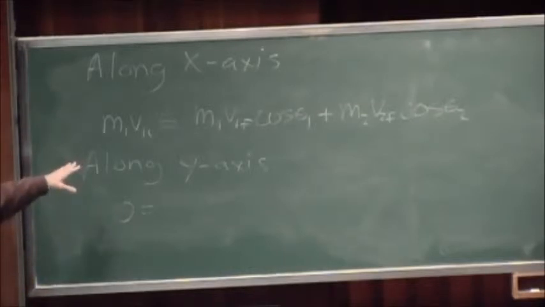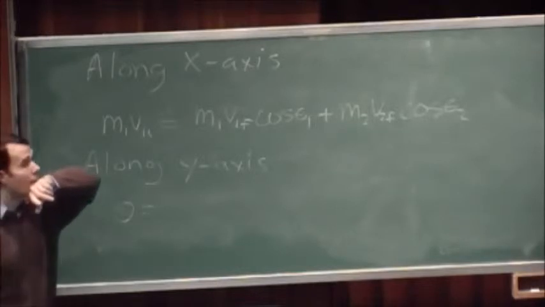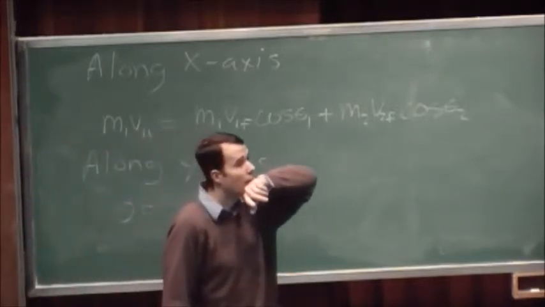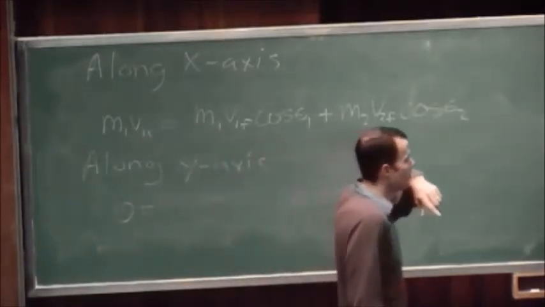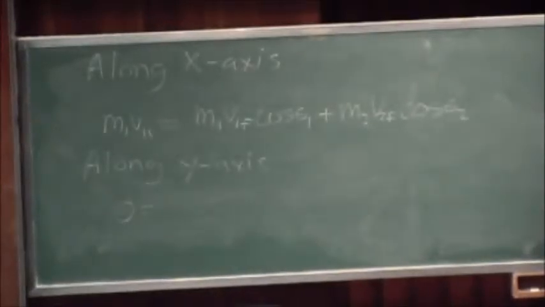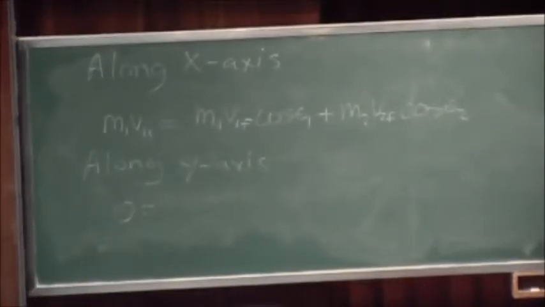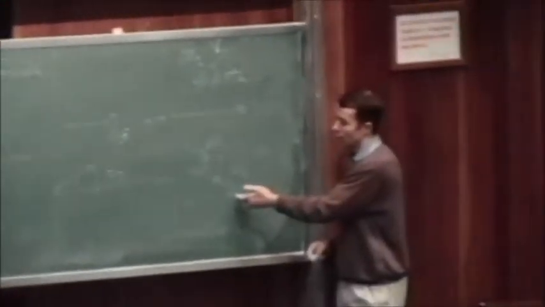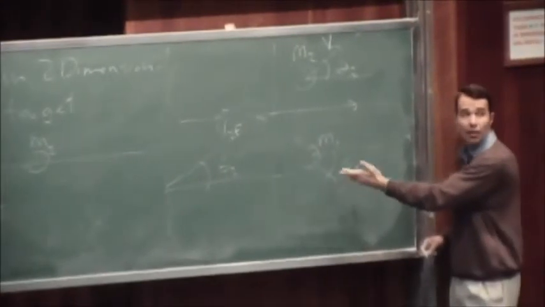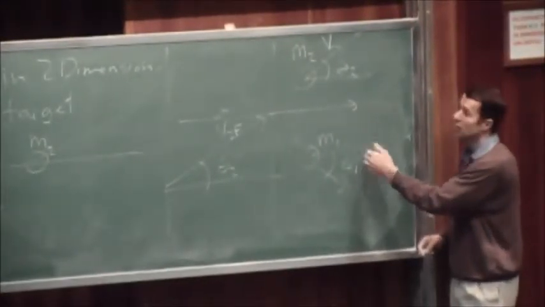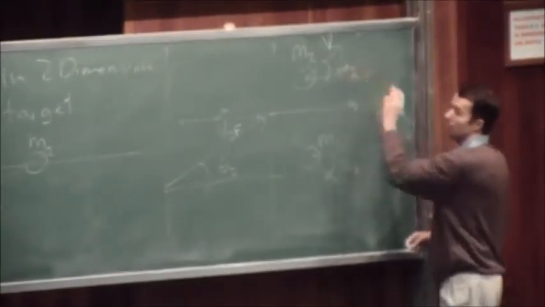So how about the final momentum? Excellent. Okay, so we're going to have M1 V1 sine theta 1, but this is a negative angle, right? So the sine of a negative angle is the negative of the sine of that angle, right? And then this is going to be a positive angle.